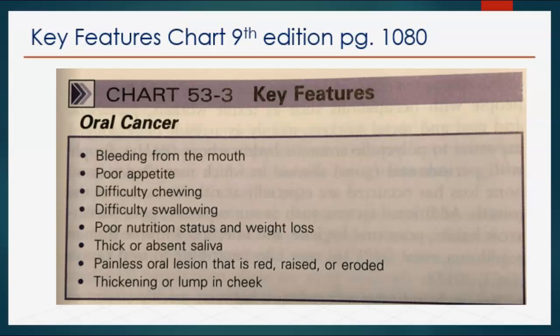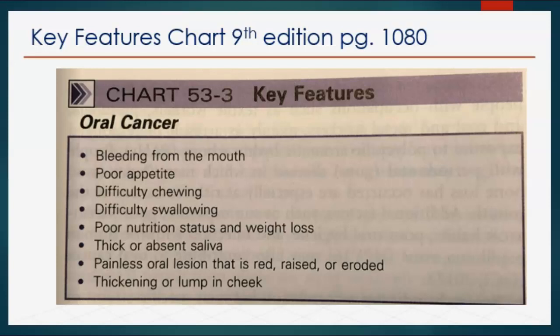So, again, this is another thing out of your book on page 180. Key features of oral cancer: bleeding from the mouth, poor appetite, difficult chewing, difficulty swallowing, poor nutritional status, weight loss, thick or absent saliva. So dentists and healthcare providers can screen patients for oral cancer.